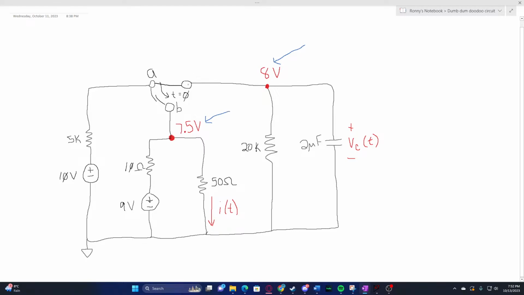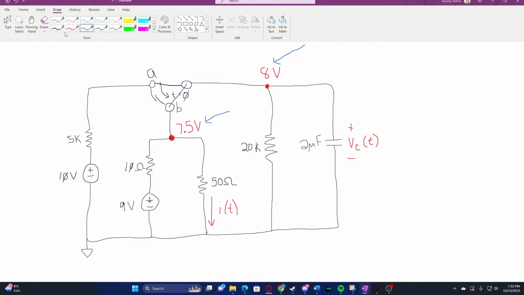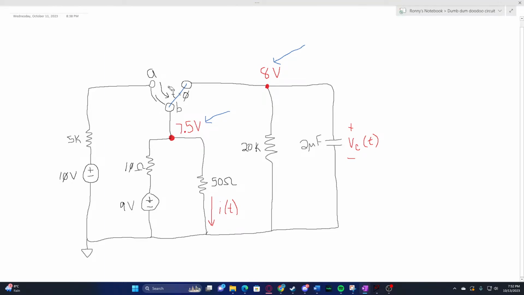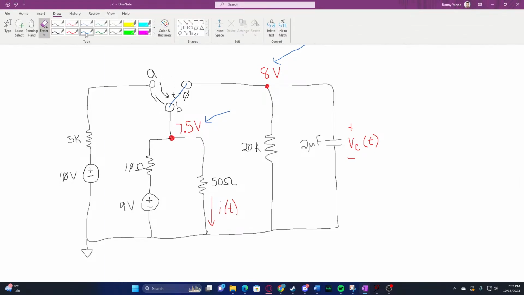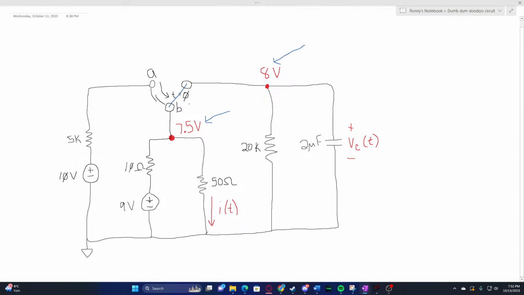When this switch connects to here instead, now the 7.5 volts and the 8 volts share a node, and what that means is that this capacitor's voltage is going to go down.